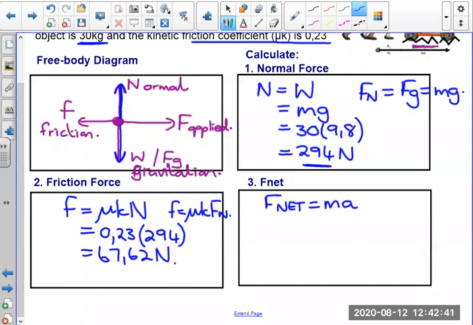Now, when I look at this one, I say F net equals m times a. They want us to work out F net, so I'm going to say F net equals. And now you must remember, I'm going to talk about the front force minus the back force. That's how I'm going to talk about these forces.